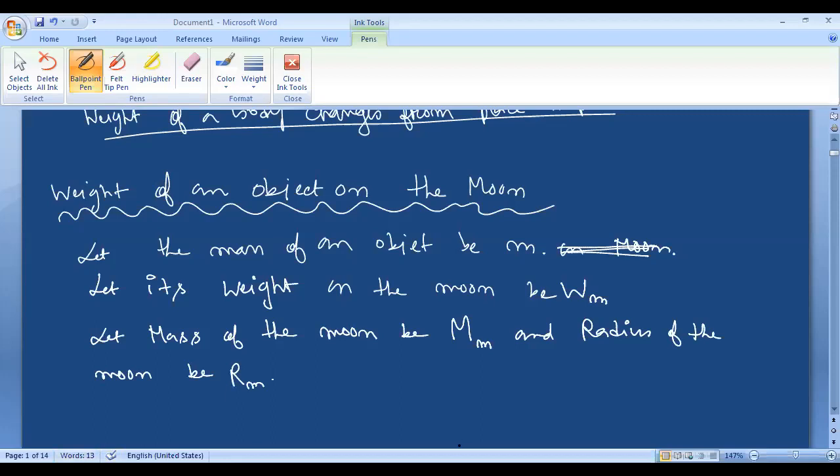Also write down this one: let the mass of an object be small m, let its weight on the Moon be Wm.